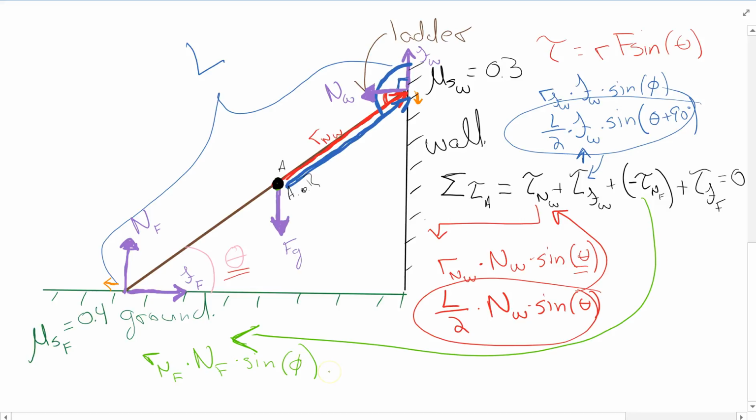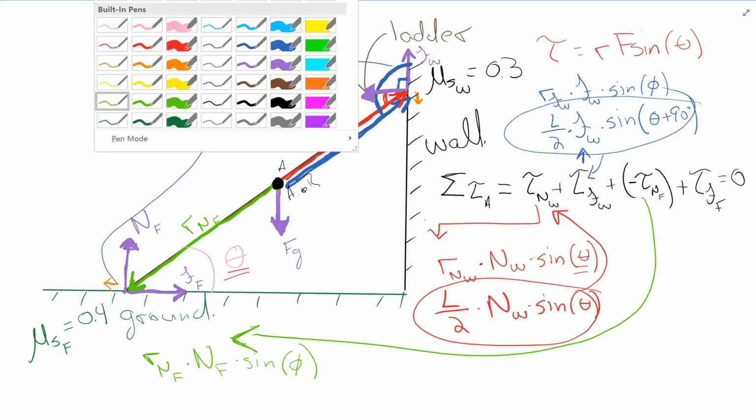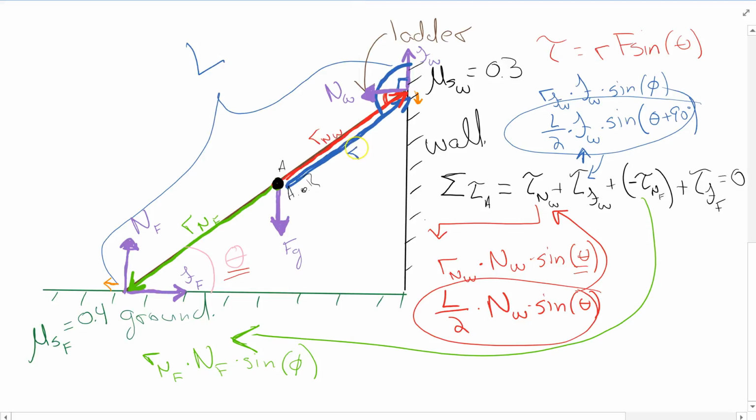That's fine. Just a different angle. It's the angle specifically between the lever arm and the force. Well, the lever arm is going to point from my axis to my force vector down here at the bottom by the floor. So it's actually going to look like this. I'll label that R and F. Oh, I actually didn't label our last lever arm, so I'll go ahead and label that R friction W. Okay.